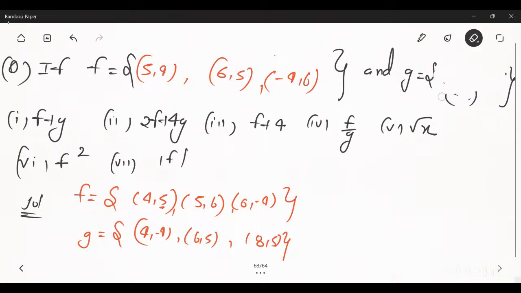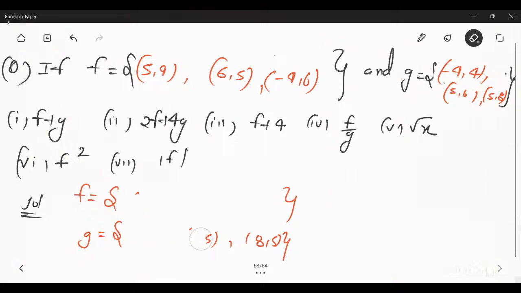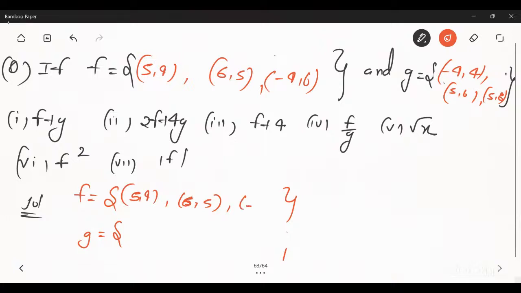And the value of g is also given in the reverse order: (minus 4, 4), (6, 5), (5, 6), and next (5, 8).